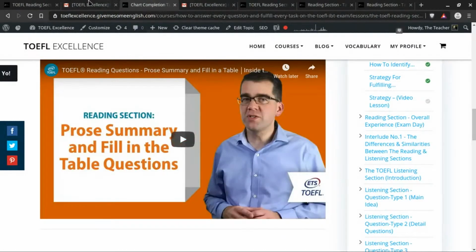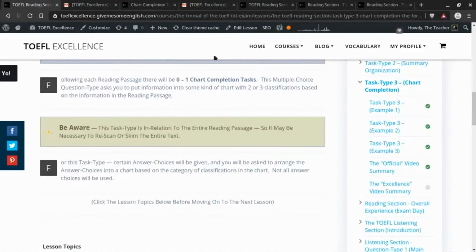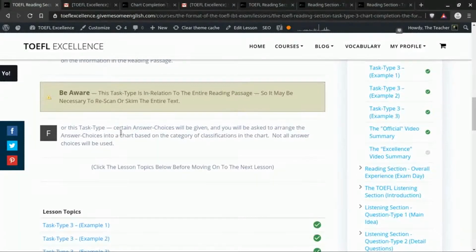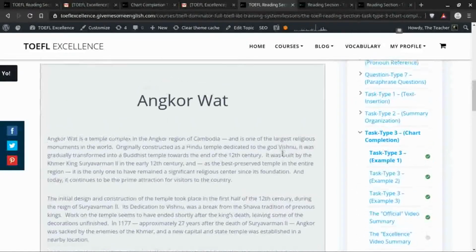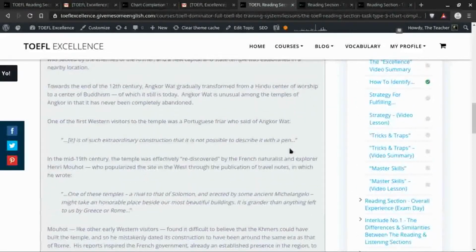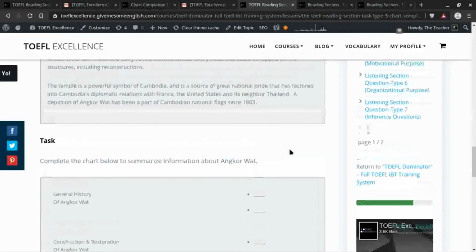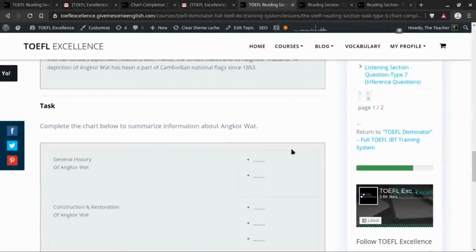All right, so basically this is what you do. So on the entire exam, you'll have 0 to 1 chart completion task. That means that you won't have a chart completion task on every single one of the reading passages, but you'll have at least one of them. So you have to be aware that this task type is in relation to the entire reading passage, as I mentioned before. However, as you learned from the last task type, with that one, you didn't have to read the entire passage.